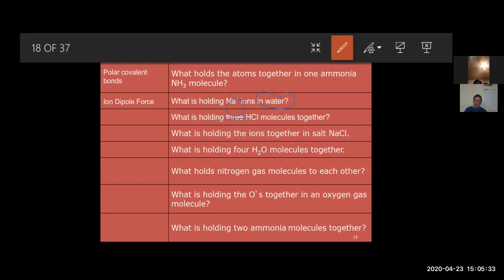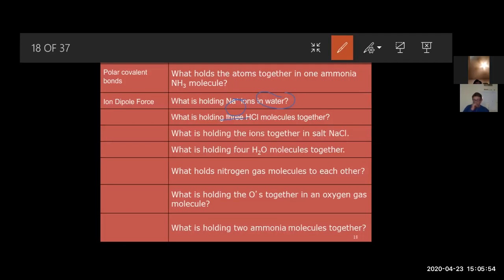Third question, what is holding 3 hydrochloric acid molecules together? Again, the key word here being 3. So we're talking about the interaction of other molecules with each other. Okay, so therefore we're dealing with IMF. Okay, well, which one? Well, it's not London forces because hydrochloric acid is polar.